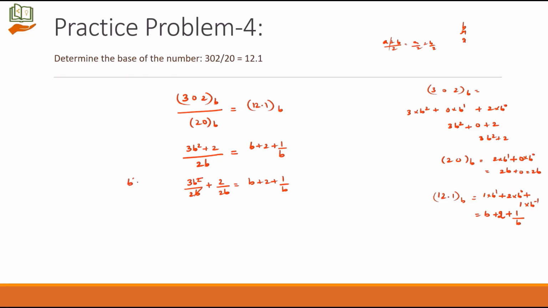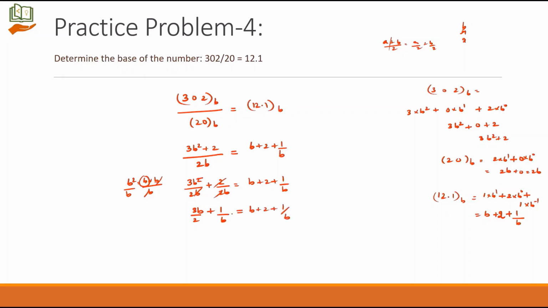See, b square is b into b, and here I have 1b in the denominator. So I am striking it out and taking only 1b in the numerator. So this is 3b by 2 plus I can cancel 2 and 2 here. This is 1 by b, which is equal to b plus 2 plus 1 by b.